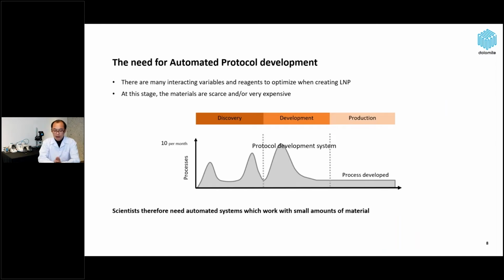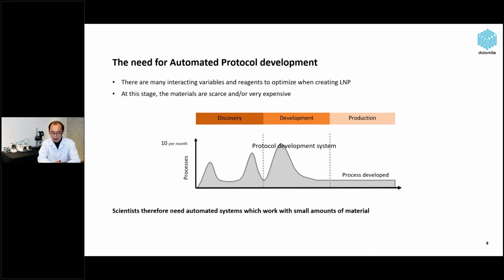For ultimate protocol development, there are many interacting variables and reagents to optimize when making lipid nanoparticles. If you have a look at the graph, we have three different stages when making a lipid nanoparticle. The first is the discovery stage, where we need to do a screening process.